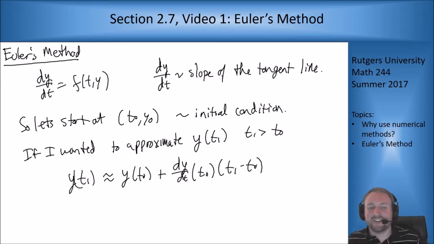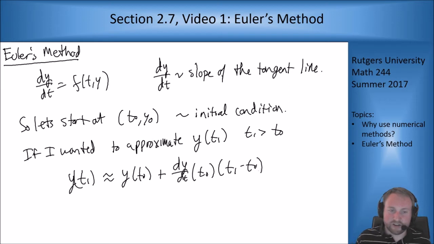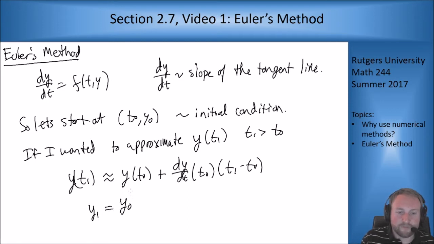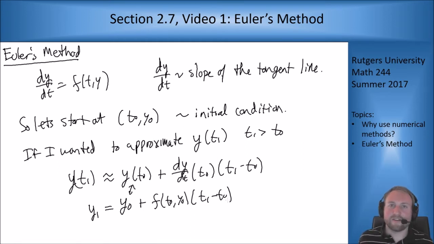This would be my tangent line approximation to this curve. We're going to call this right-hand side y1. So we set y1 equal to y0 plus dy/dt at t0. But what is dy/dt? It's just f. So y1 equals y0 plus f of t0, y0 times t1 minus t0. This gives us a way to calculate an approximate next point on our curve at time t1.